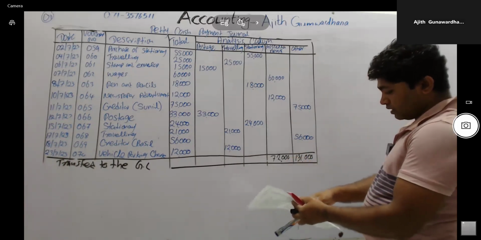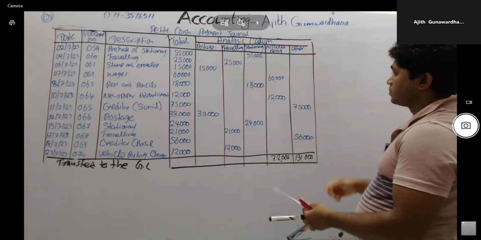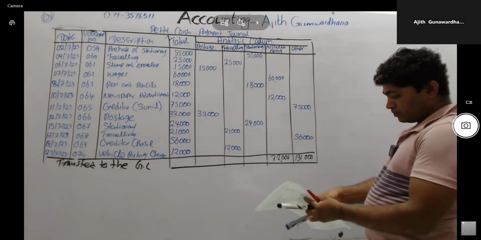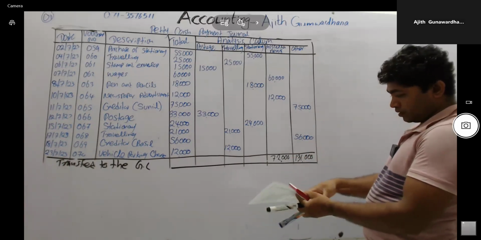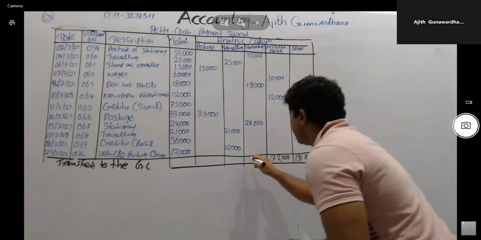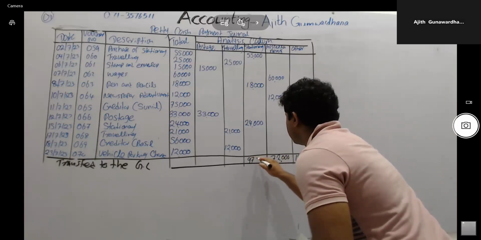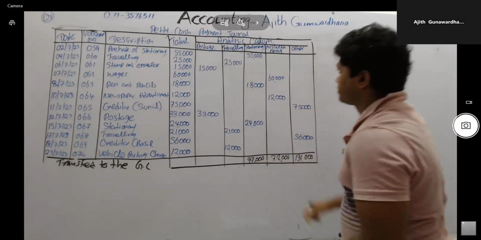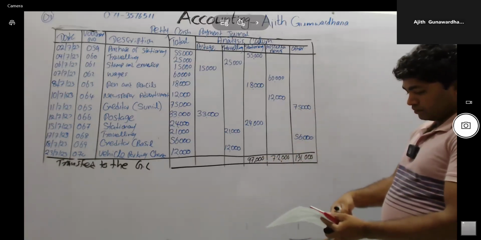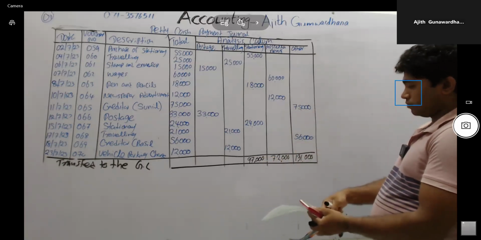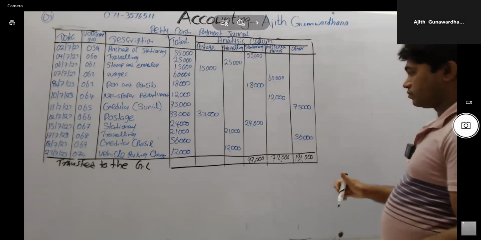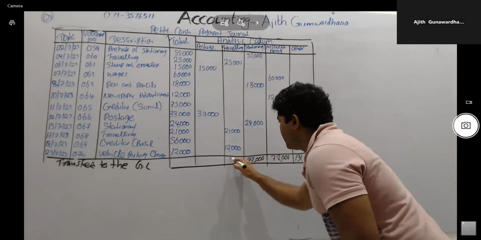Calculate the total value of each column. Therefore, here 97,000. $58,000.